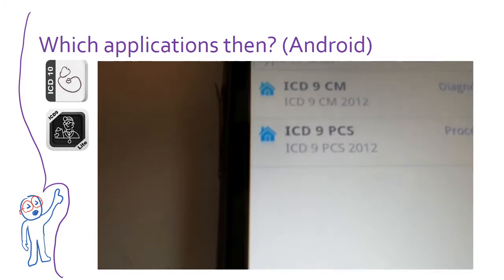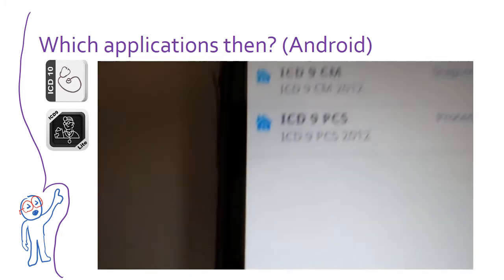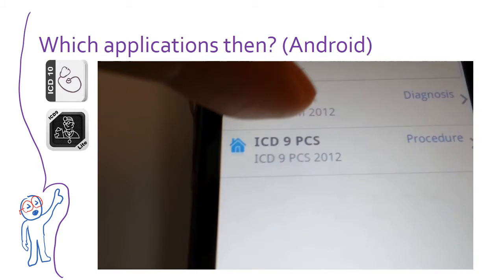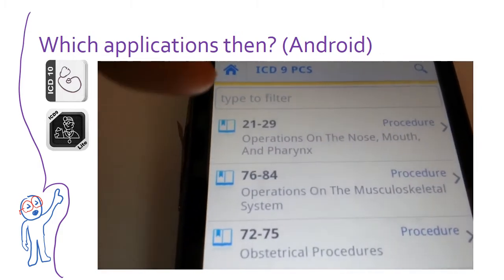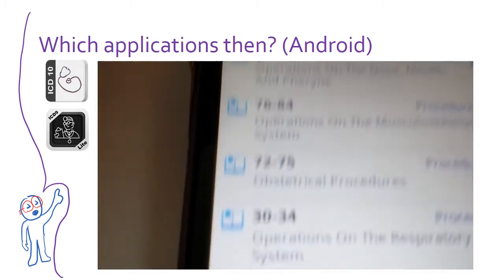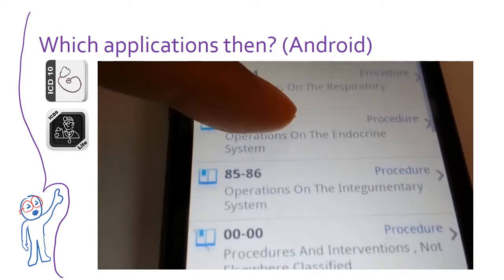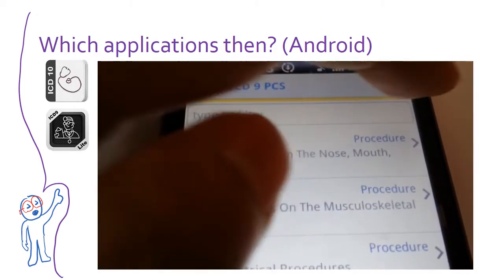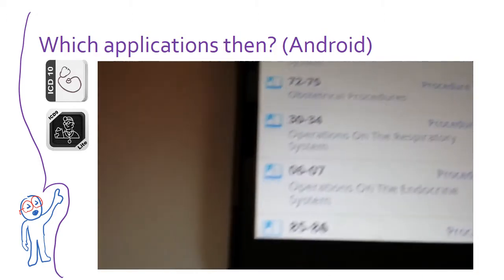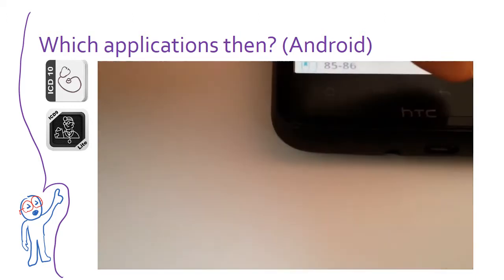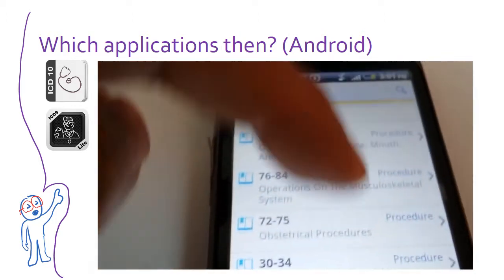And you can also do manual search. For procedure, you will need to click ICD-9 PCS, or of course, you can just search by the magnifier button on the right corner.